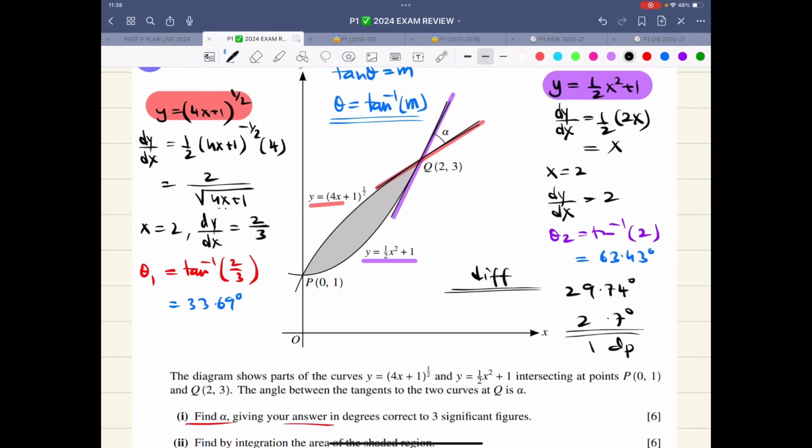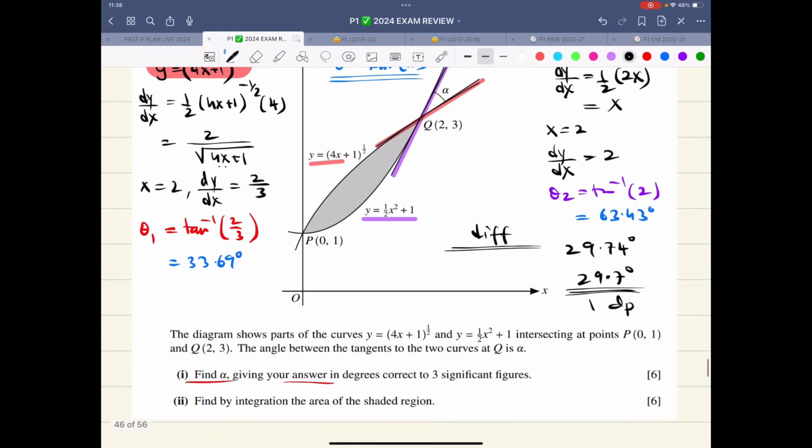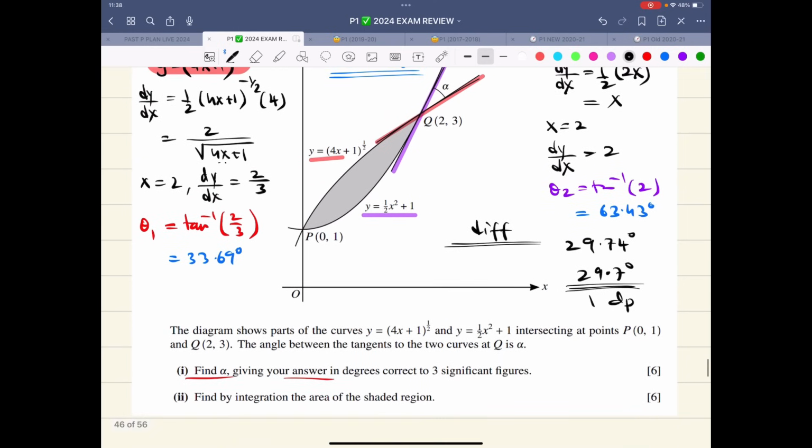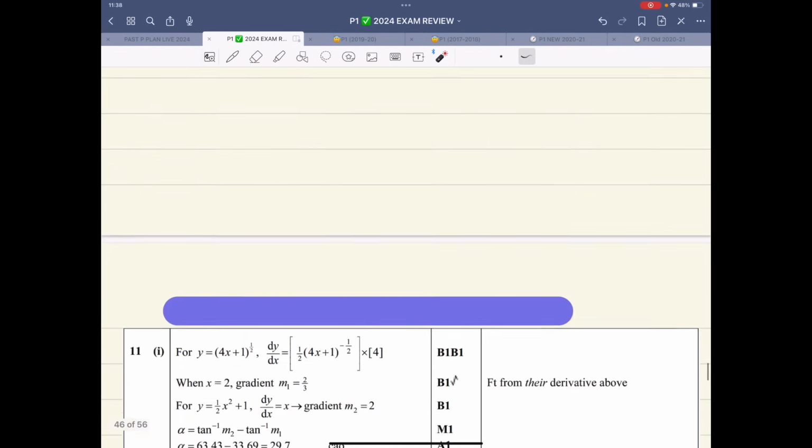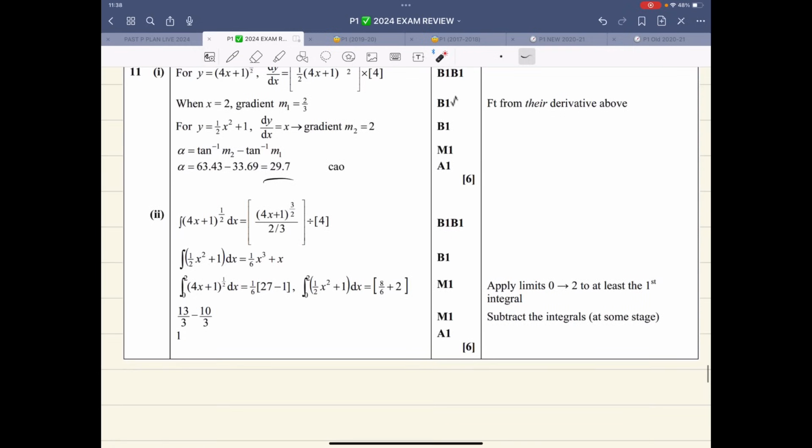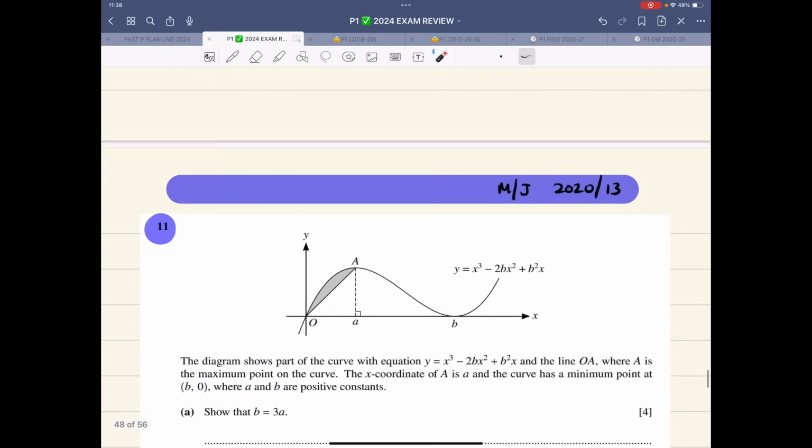So this is 29.74, 29.7, and that is the answer. As far as the integration is concerned, that's very easy. It's the area under the top graph between the limits 0 and 2, minus the area under the bottom graph between 0 and 2. That was the easy part, just pointing out that these kinds of questions can come.